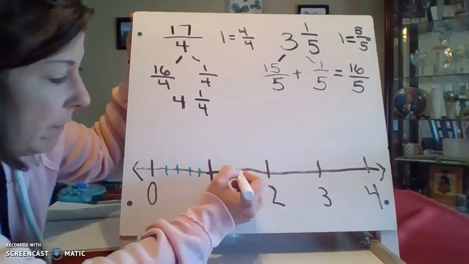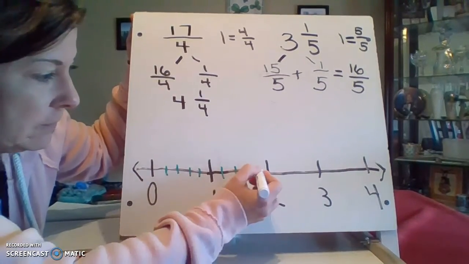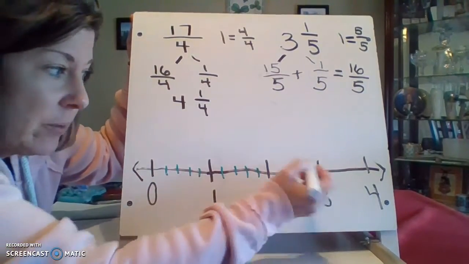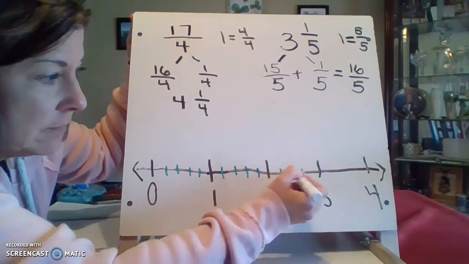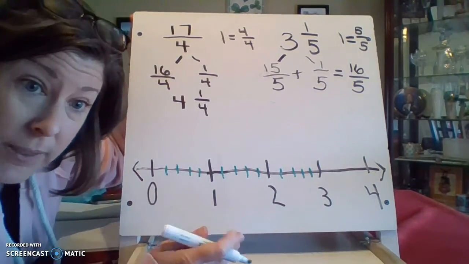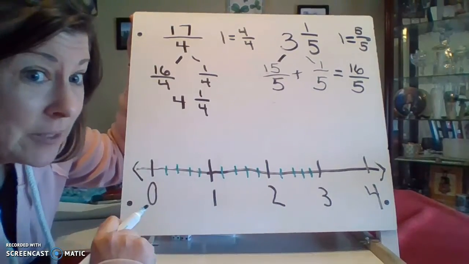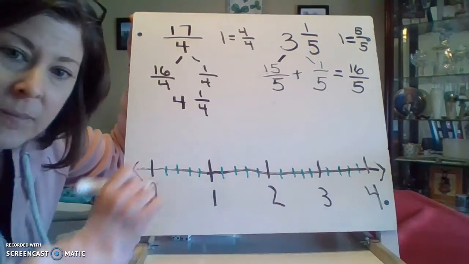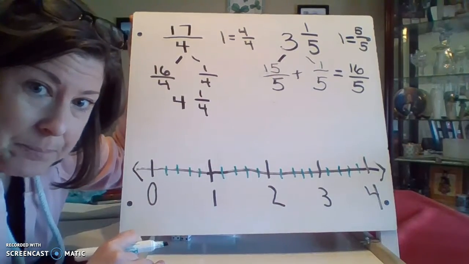Between 1 and 2, I'm breaking it into fifths. Between 2 and 3, I'm breaking it into fifths. And between 3 and 4, yep, you got it, I'm breaking it into fifths.